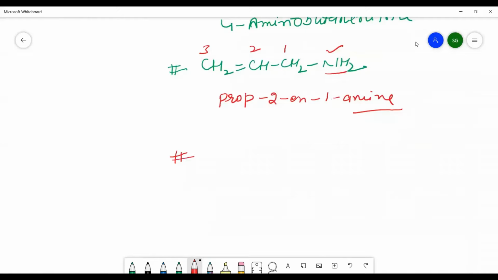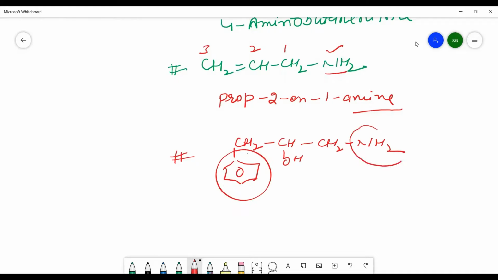Now, suppose you are having such a compound, like CH2, CHOH and CH2 and NH2. In this compound, you will take the nomenclature with phenyl, the NH2 group, and OH present at the center.